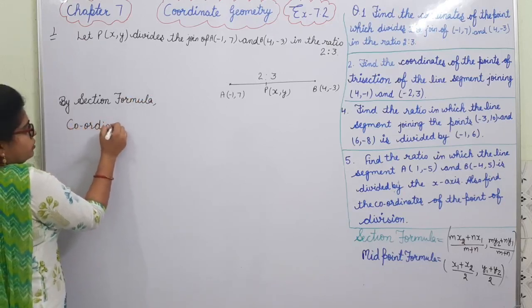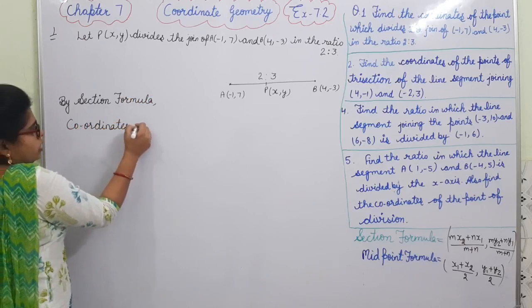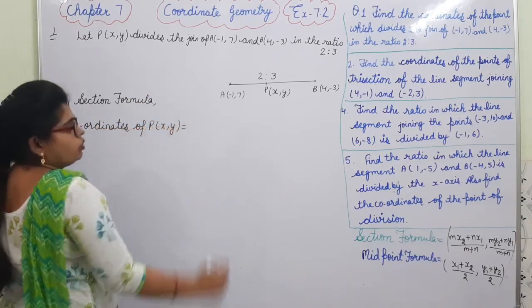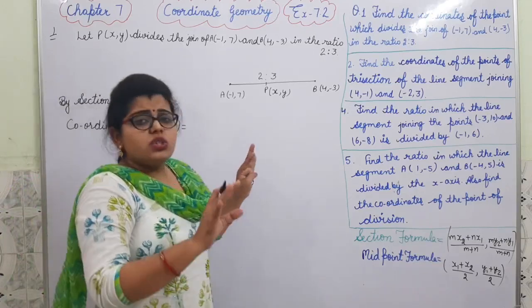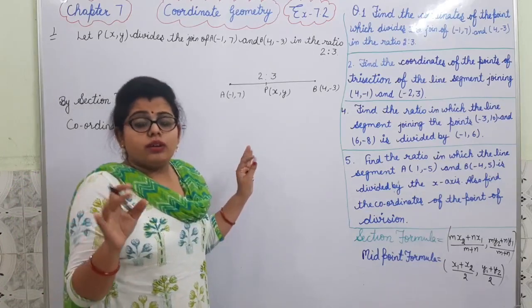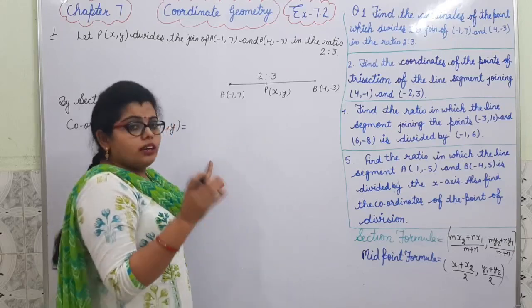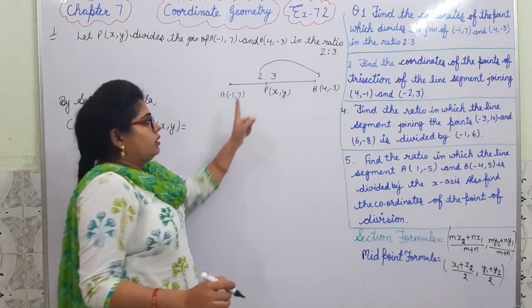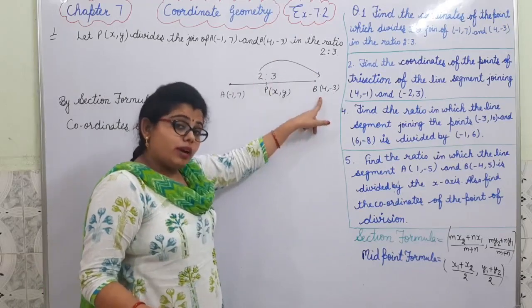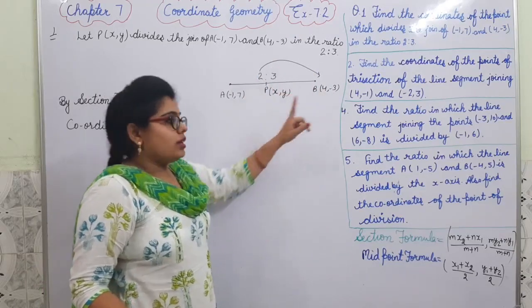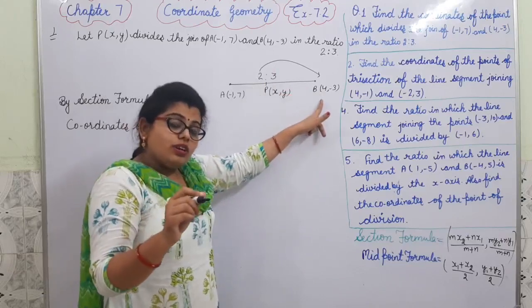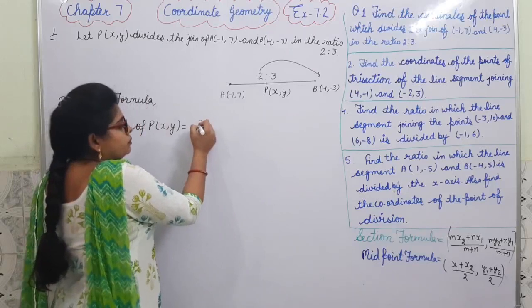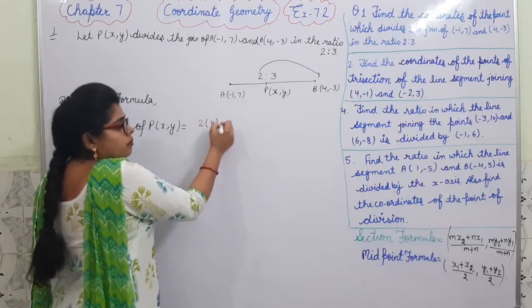Coordinates of P, that is (x, y), will be equal to, and dear students, there is no need to remember this formula. It's a simple method. You have to do cross multiplication. Multiply the first ratio number with the other point's coordinate, 2 multiplied by 4, then plus sign.